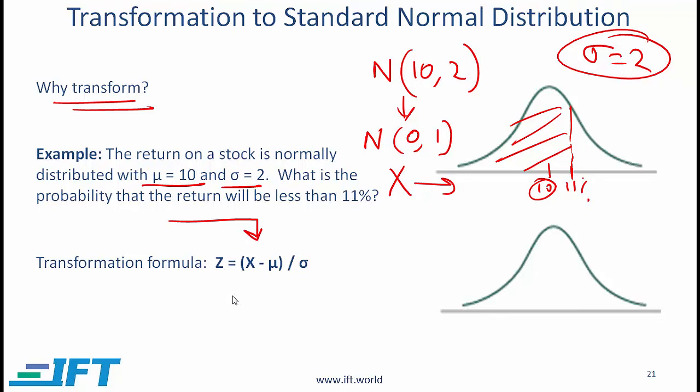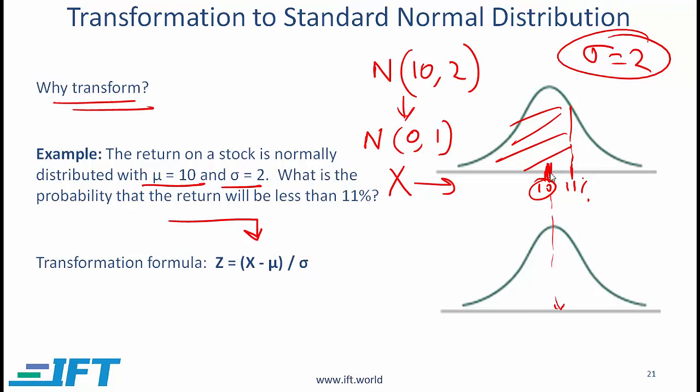The z value is equal to x minus mu divided by sigma. The transformation of the mean 10, so what does this become? If we plug into the formula, x over here is 10 minus the mean, which is 10, divided by 2. So 10 minus 10 is 0, divided by 2 is 0.